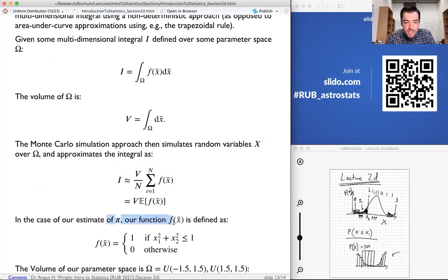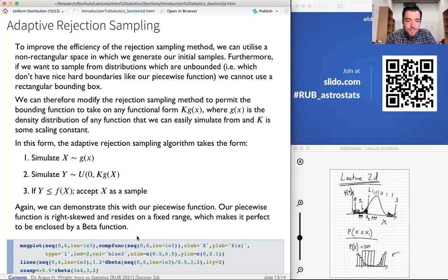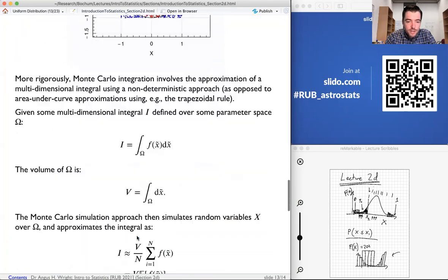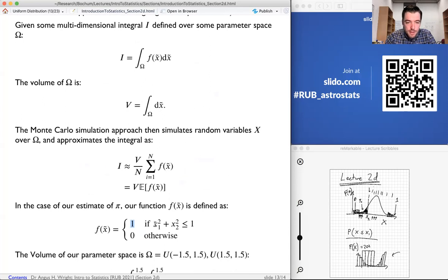So in the case of our estimate of pi, what did we have? We had some distribution f, and our success function in this case has a value that is 1 if x1 squared plus x2 squared is less than or equal to 1, and it's 0 otherwise.